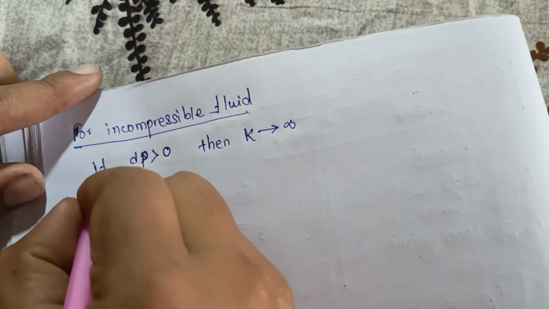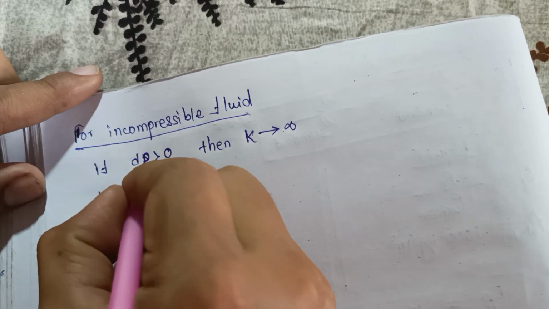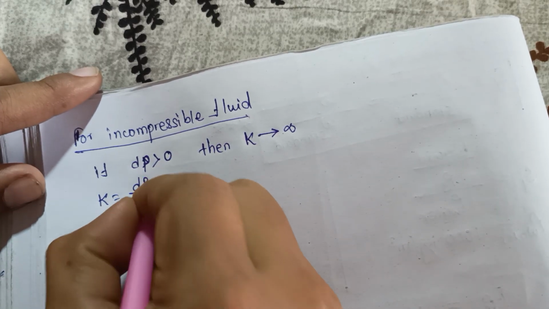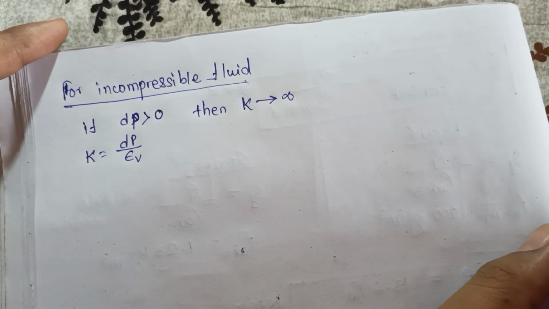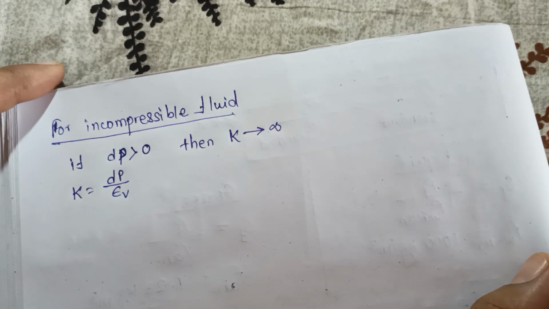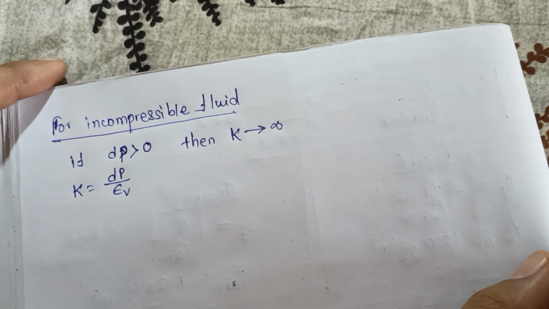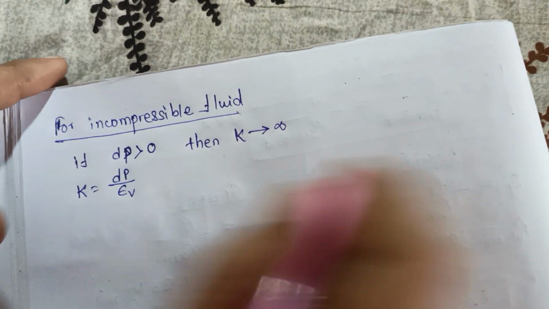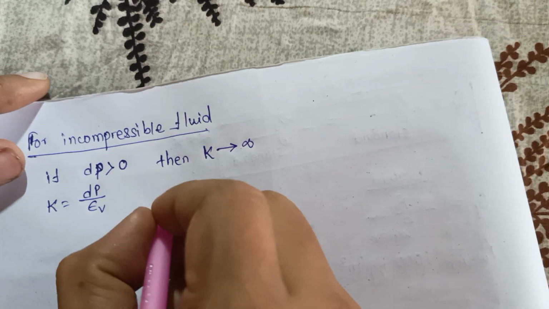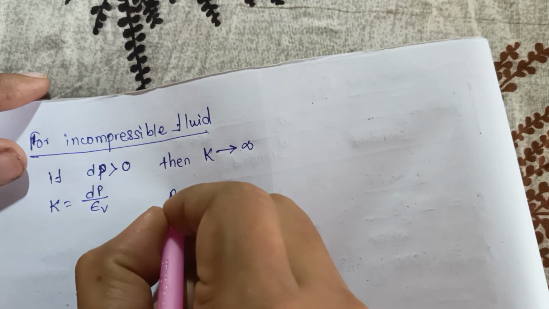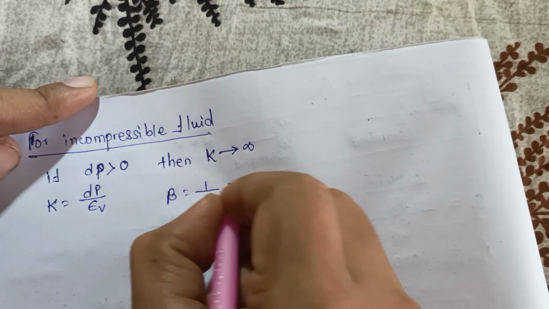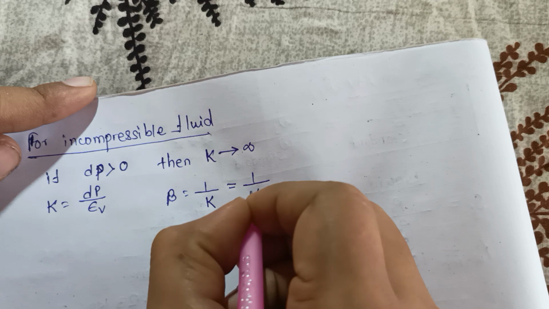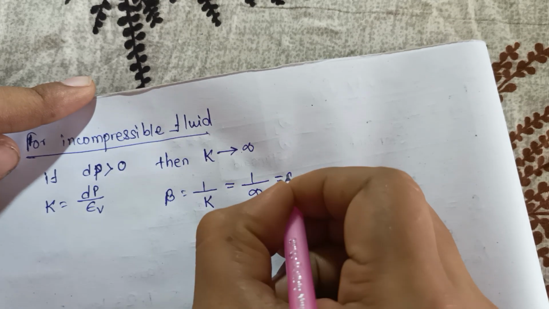We know that K equals dP by epsilon V. So here if K equals infinity, what is the value of beta? We know that beta equals 1 by K. So if K is infinity, 1 by infinity will be 0.